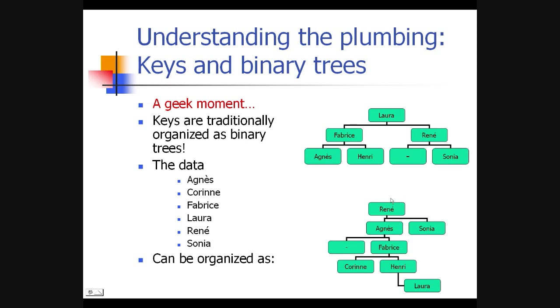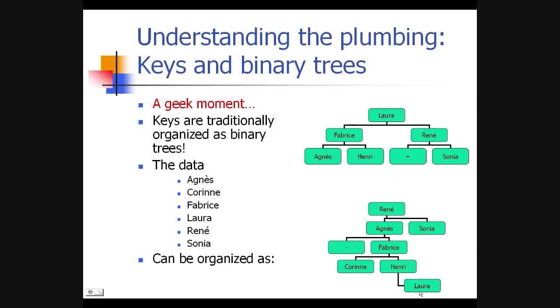In this case, the first record that was added is René, then Agnès and Sonia, then Fabrice. And you can see that here, because of the order in which it was added, we don't have 3 levels, we have 1, 2, 3, 4, 5 levels. And it's the same data.